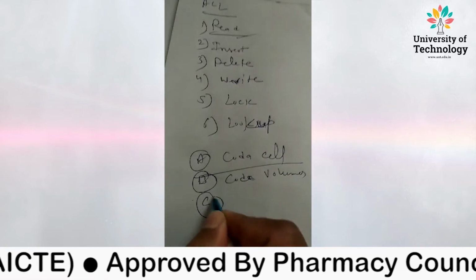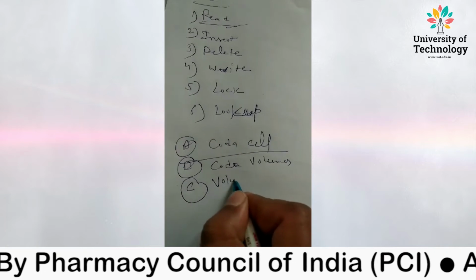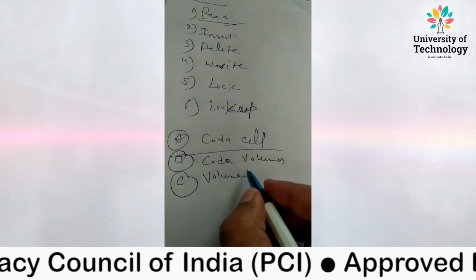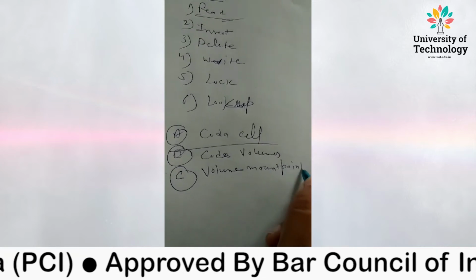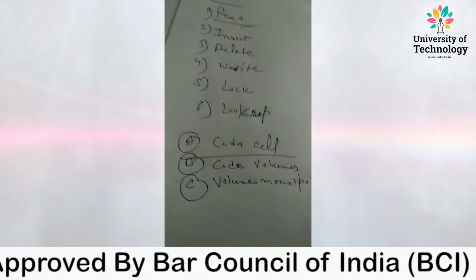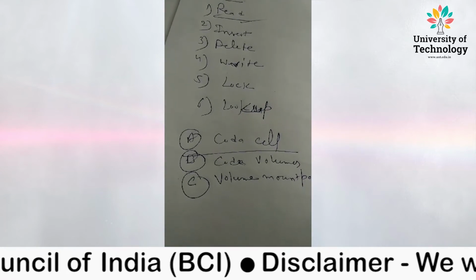C point, volume mount points. One volume is special: it is the root volume, the volume which CODA mounts on /coda.